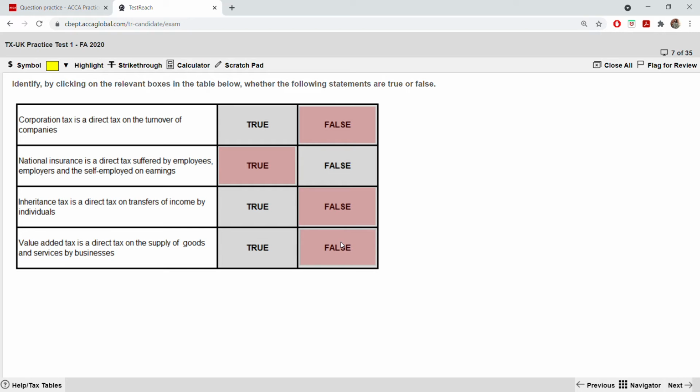It's not a direct tax. So let me explain why. NIC is a direct tax suffered by employees, which is true. Corporation tax is a tax on the profits of the company, not the turnover. Inheritance tax is a tax on the transfer of assets, not income. And VAT is an indirect tax, not direct tax.